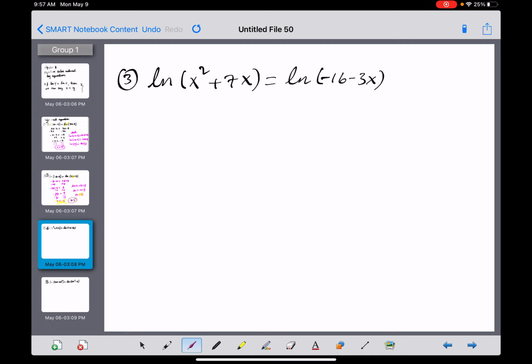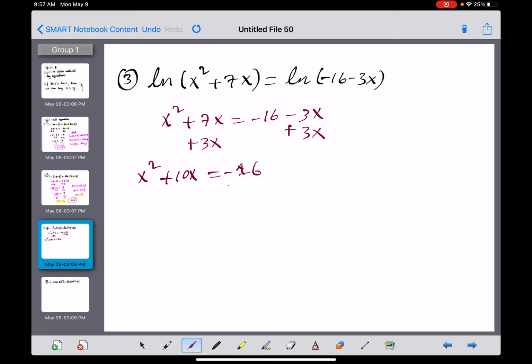Okay, let's move on to number 3. So in number 3, same thing. We have an ln equal to ln. It's going to be x squared plus 7x equal to negative 16 minus 3x. And then we're going to add 3x to both sides. We have x squared plus 10x equal to negative 16. And then add 16 to both sides. So x squared plus 10x plus 16 equal to 0. And we are going to factor.